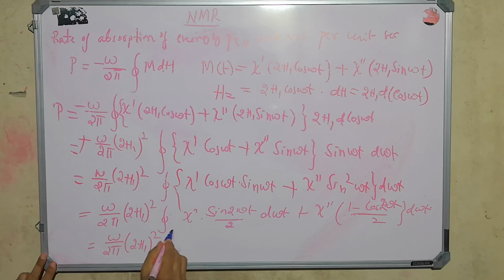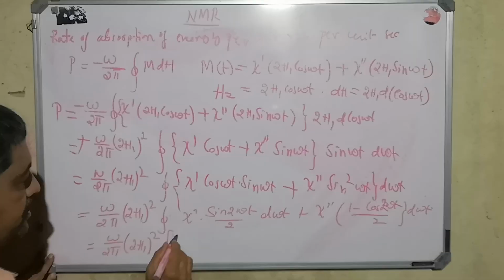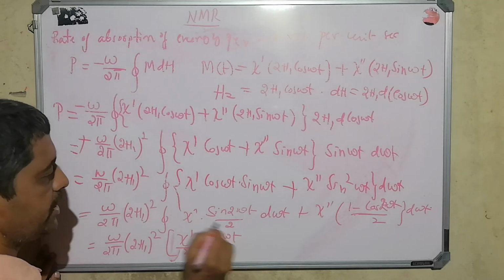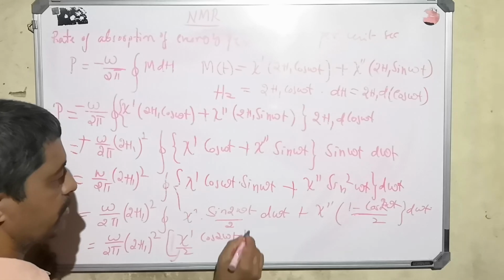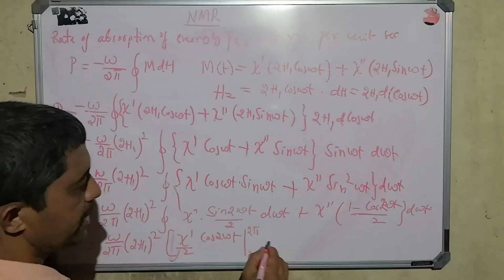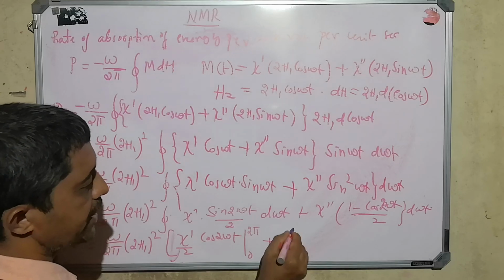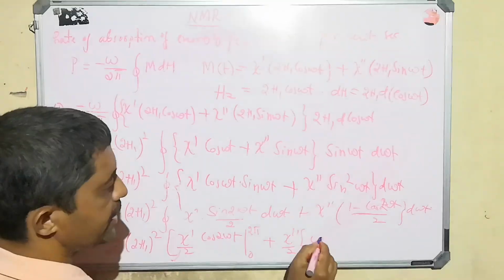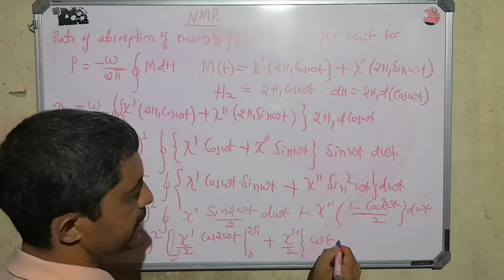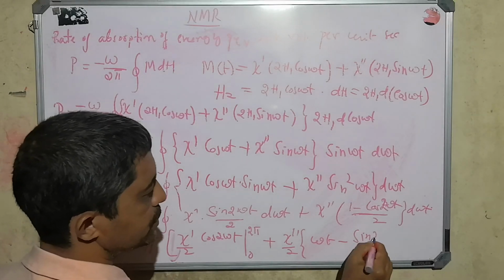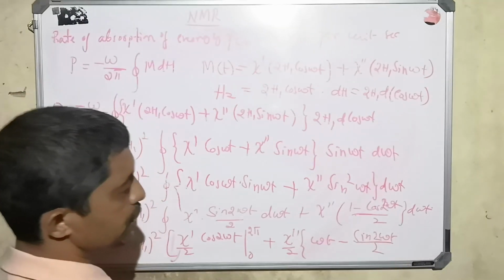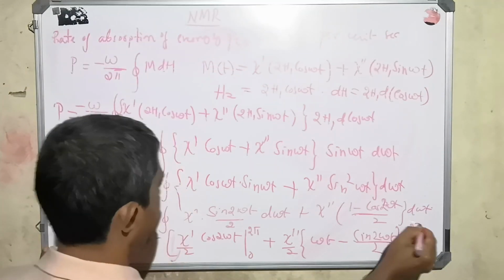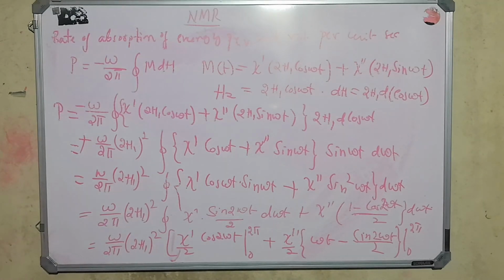Here it is now chi dash by 2, this is cos 2 omega t, limit from 0 to 2 pi, plus here chi double dash by 2 into, this is omega t minus sin 2 omega t divided by 2. Here also limit from 0 to 2 pi. So now you put the limit here.